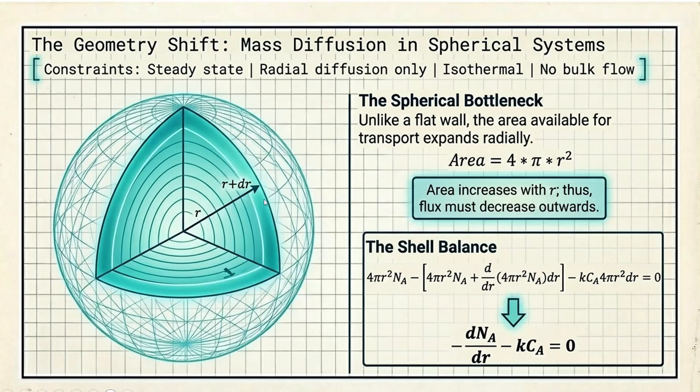Now, using the shell balance approach, let's apply material balance over this spherical shell. So we have assumed a shell of radius r having thickness dr in this sphere.